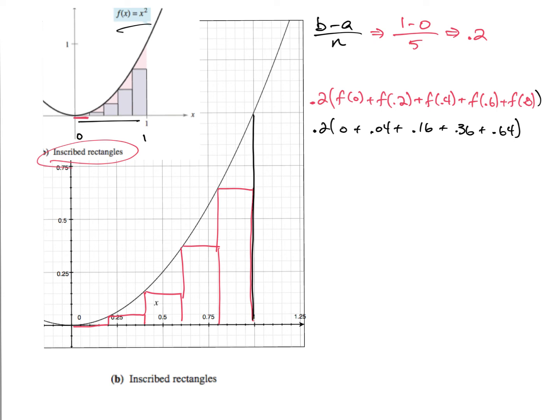So we still have our handy dandy calculator. Let's go ahead and use it. So what is 0.2 times that quantity? 0.24. Now, for our inscribed rectangles, I get an estimate of 0.24 for my area under that curve. Is that an over or under approximation? It's an under. It's definitely an under approximation, because I have gaps in between my actual.